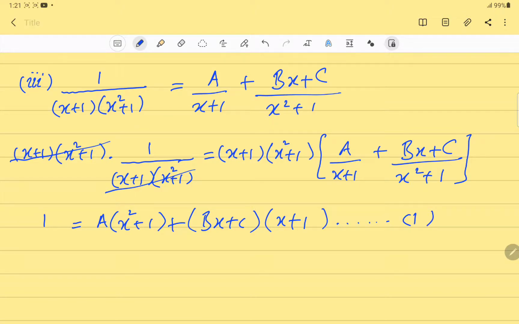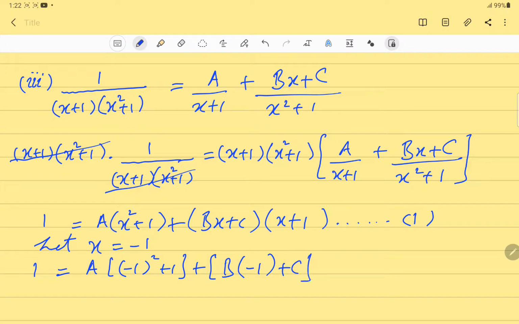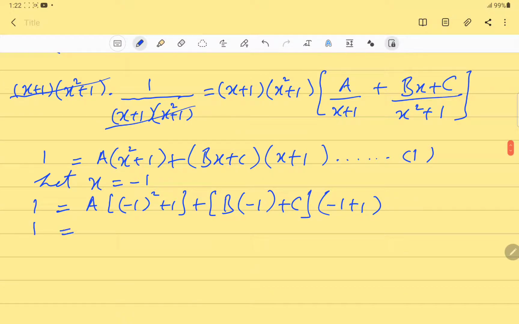So we call this equation number 1, and we will assume the value of x as minus 1 here to find out some of the constants which are appearing in this equation. So let x is equal to minus 1. The equation becomes 1 is equal to A into square of minus 1 plus 1 plus b into minus 1 plus c and then minus 1 plus 1. A into 1 plus 1 plus minus b plus c into 0.